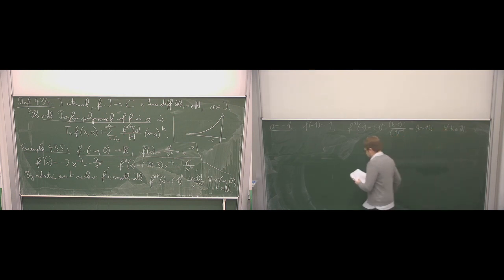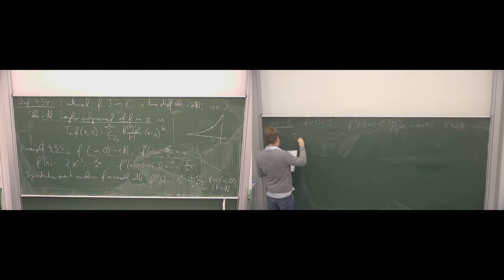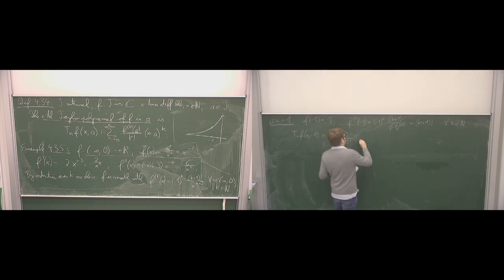Okay, and if we insert this, we can simply write down the polynomials. So T1 of f at minus 1 is 1 plus the first derivative at minus 1, which is 2 factorial divided by 1 factorial, times x minus minus 1, which is x plus 1, to the power of 1.